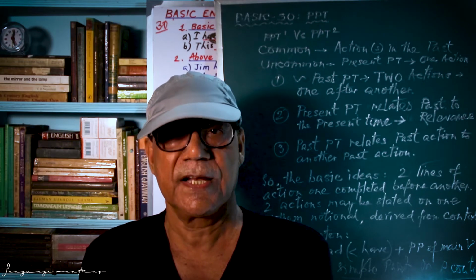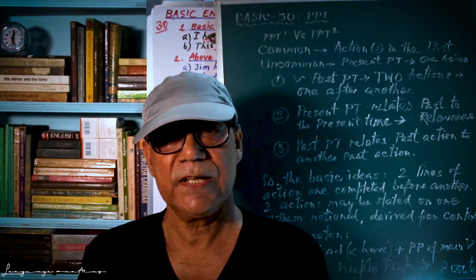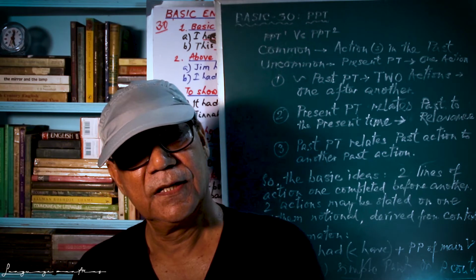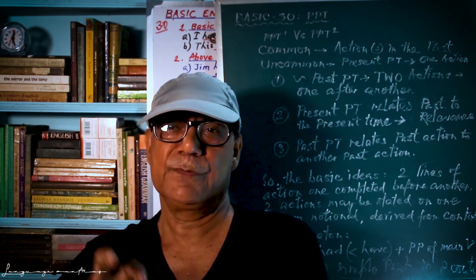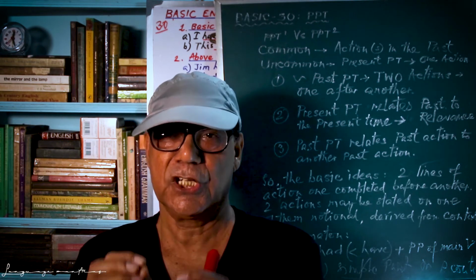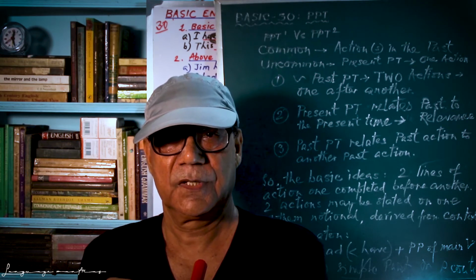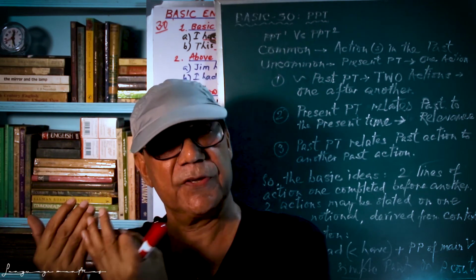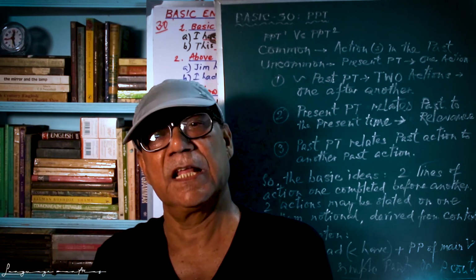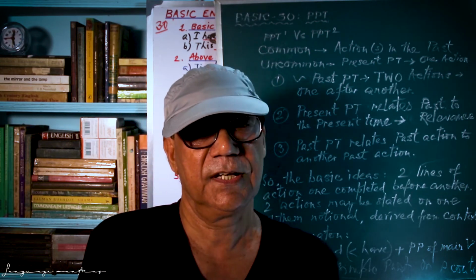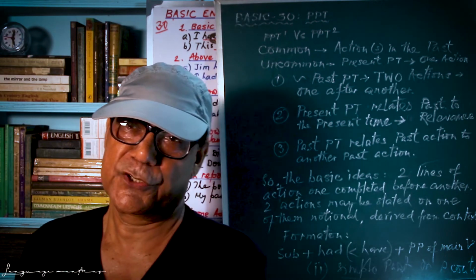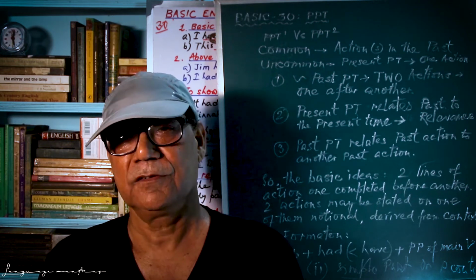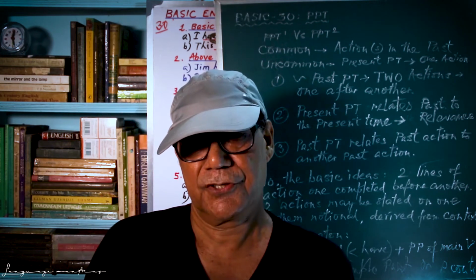See the commonness and uncommonness. So what is the common element there? In these two tense formats, the action of the verb takes place in the past time, both in the present perfect tense and in the past perfect tense. Now, the difference.